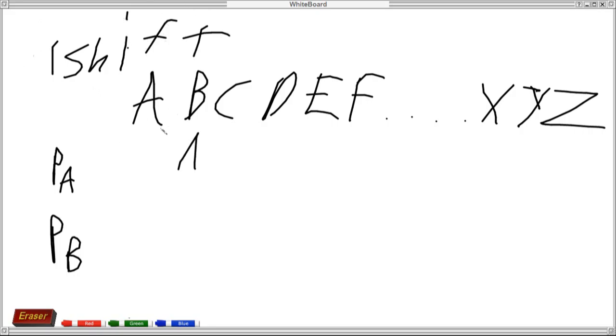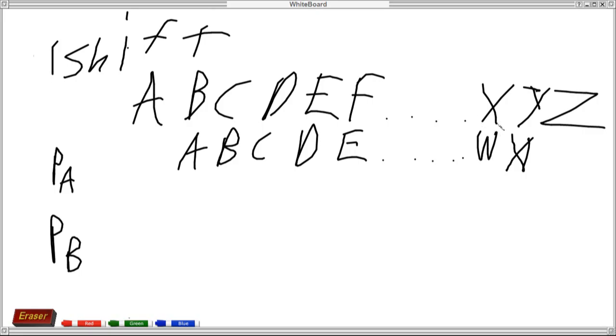So you would start out right here, A, B, C, D, E, and so on. It'll continue on, okay? And up until the point that you get here, W, X, Y, and Z would be over here, okay?